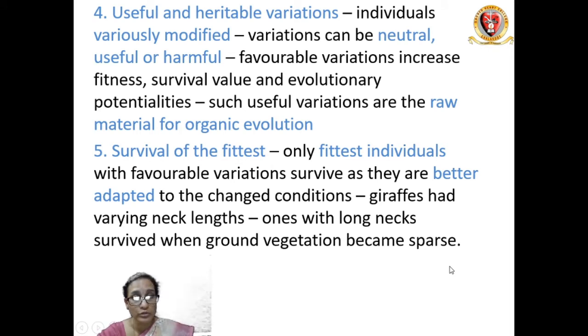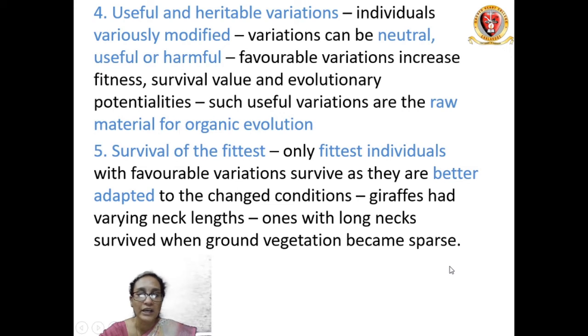It could be useful to the organism, or it could be harmful to the organism, but only useful variations, only variations that increase the fitness, that increase the survival value, or the evolutionary potentialities, only such useful variations are passed on to the next generation and therefore act as raw material for organic evolution. According to him, only the fittest survive.